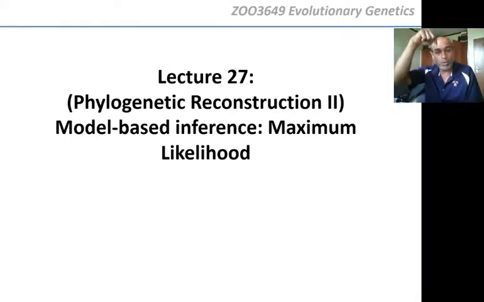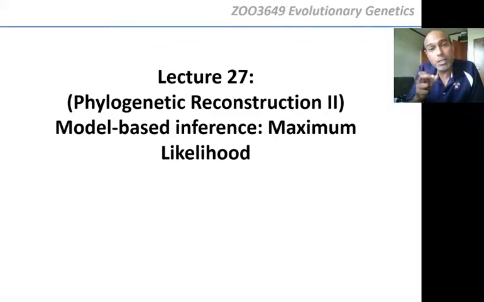So you've got a homologous position, and there you have the character states changing from A's to C's to G's. And the models we use are the rules for the change of those states. We'll get into them later on in the lecture. So that's why we call these model-based inferences.